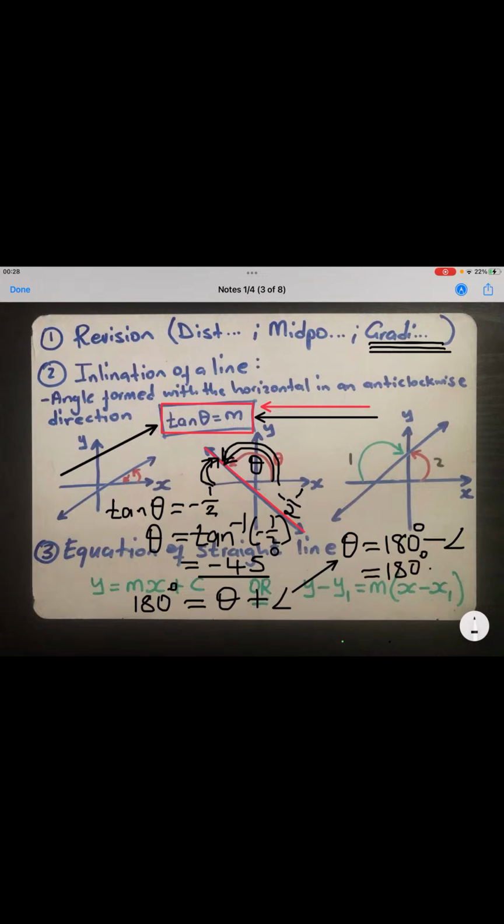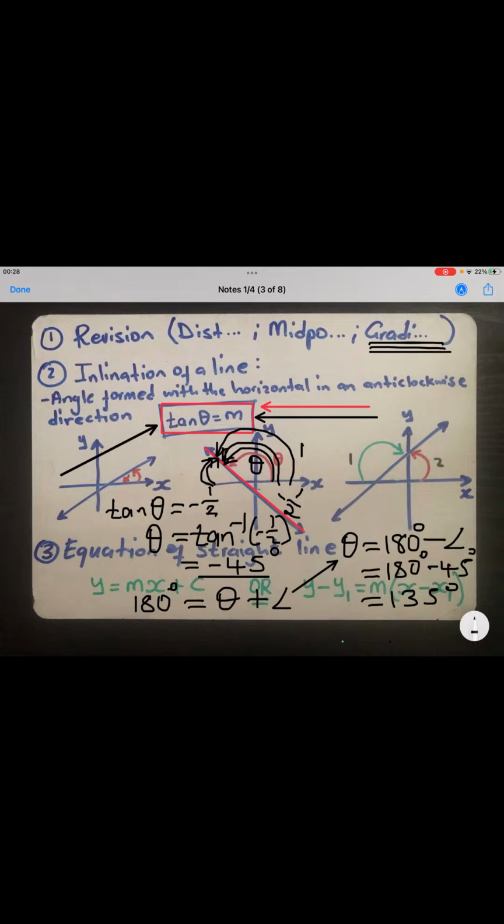You punch that on a calculator and it's going to give you a value. I think it is 135? Yes, because when you add 5, it's 140, plus 40 is 180. So that means the angle of inclination for that line having a negative gradient is 135 degrees.